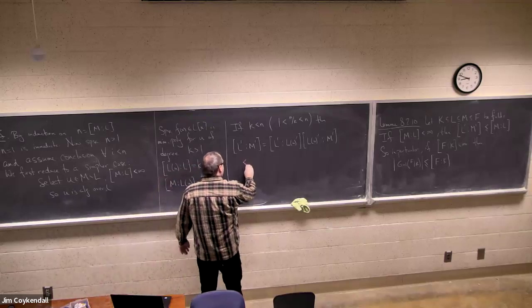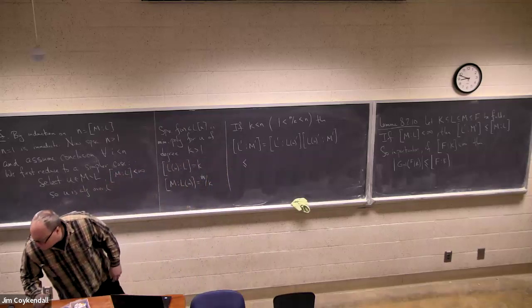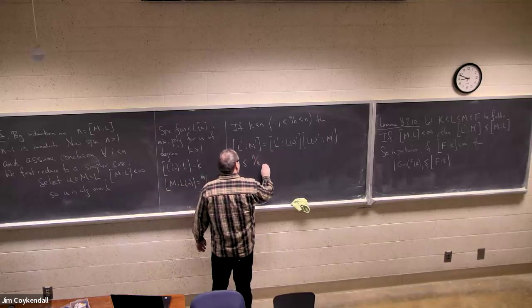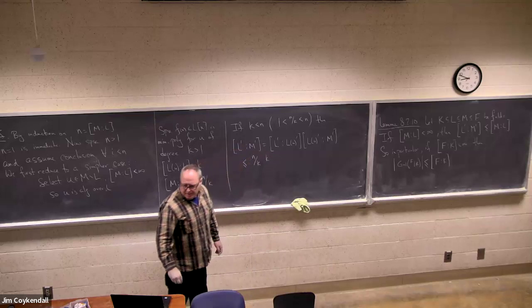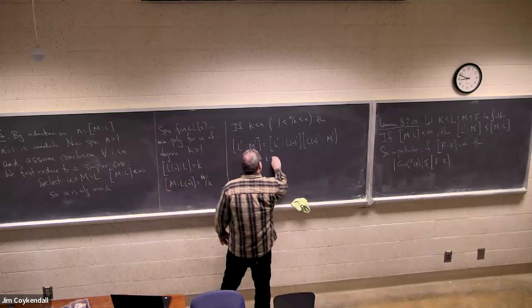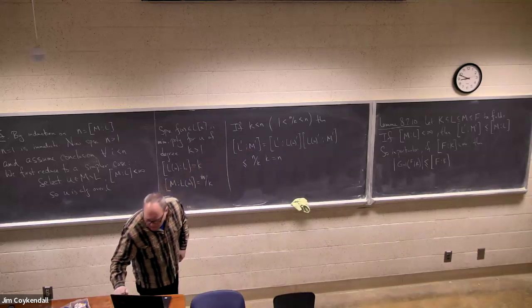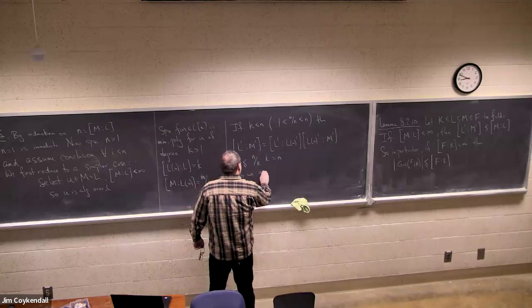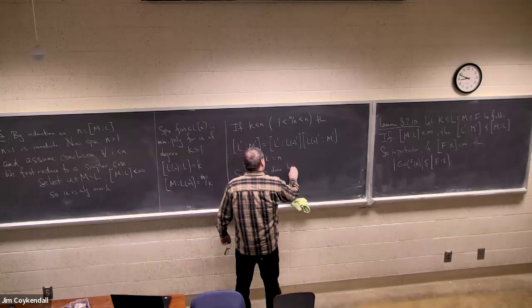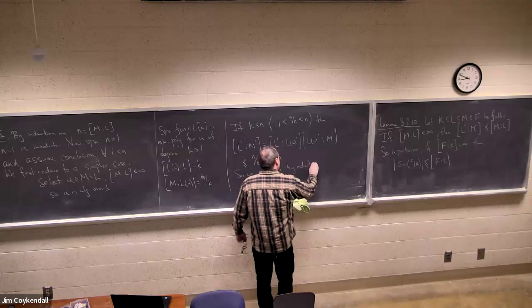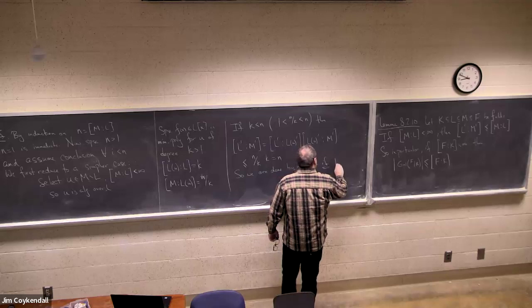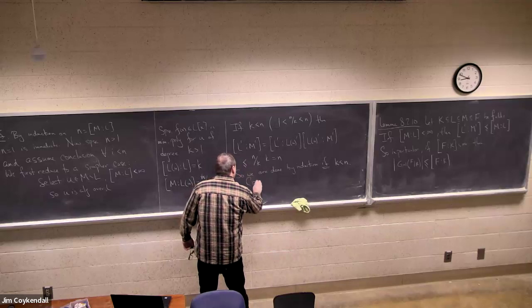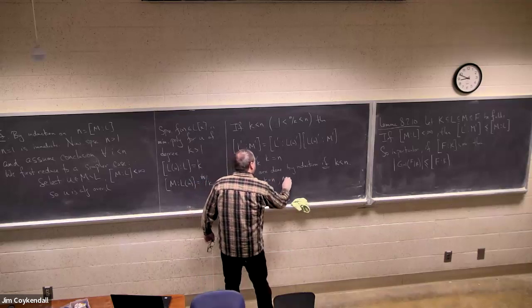This is less than or equal to k times n over k, which is equal to n. And so we're done by induction if k is less than n. Case k equals n, next.